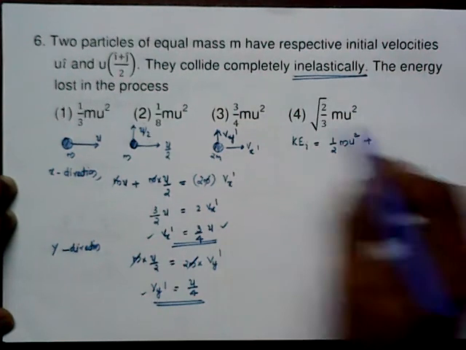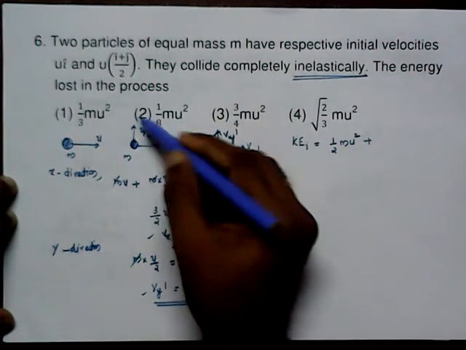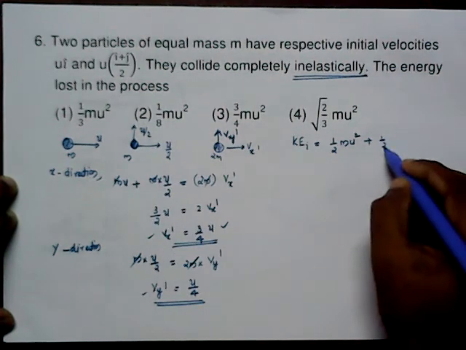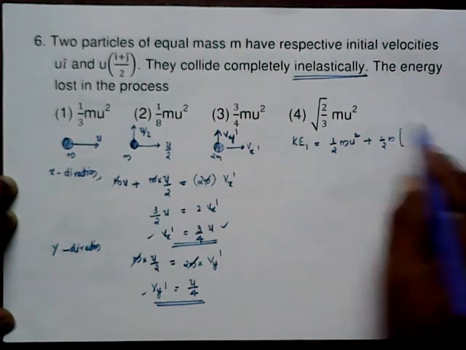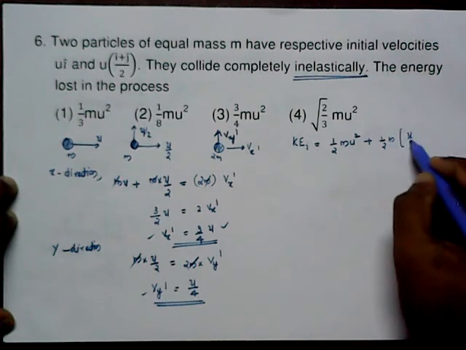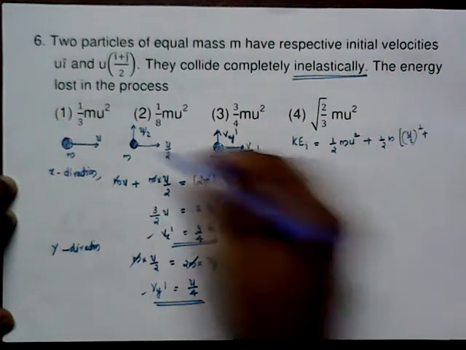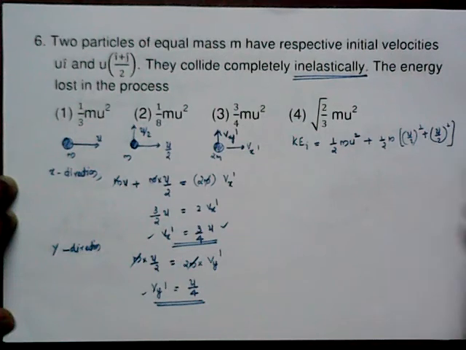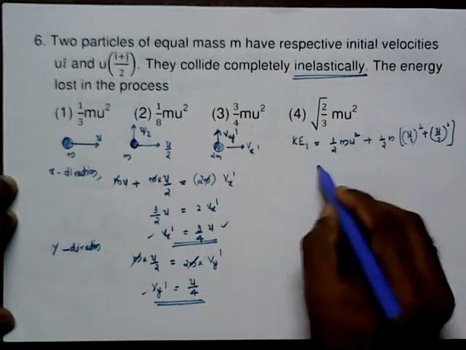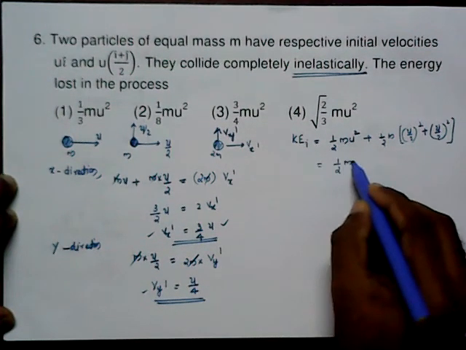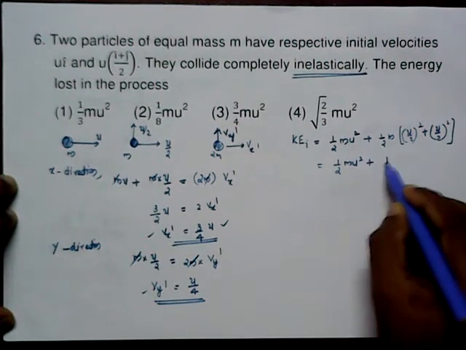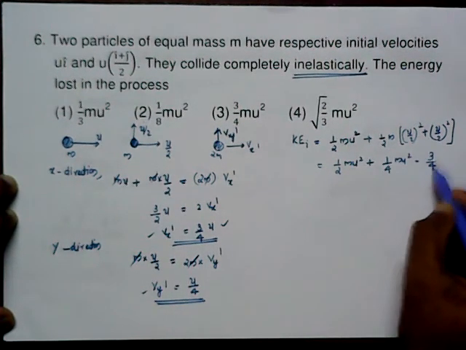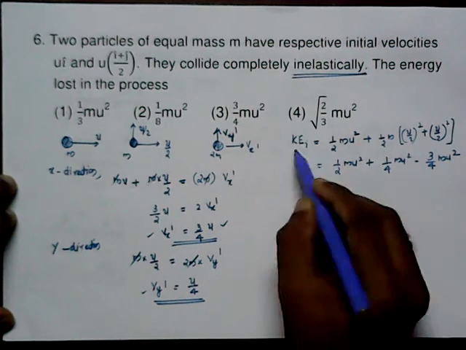Then plus the x contribution, half m into u by 2 square, plus the vertical contribution, u by 2 square. So that is equal to half m u square plus 1 by 4 m u square, equal to 3 by 4 m u square.